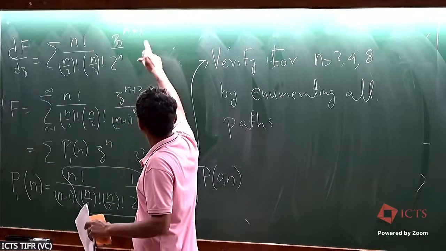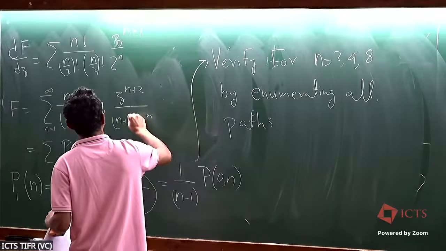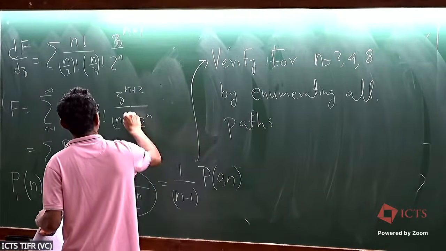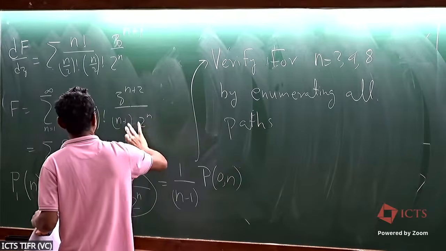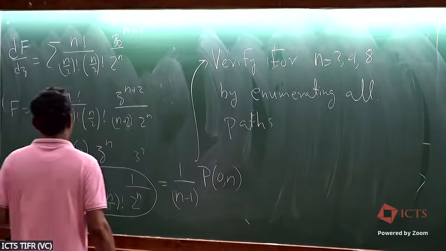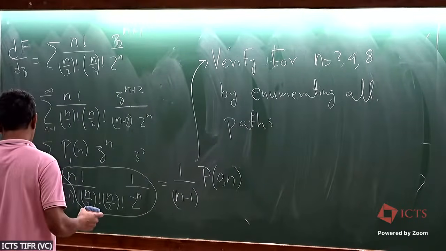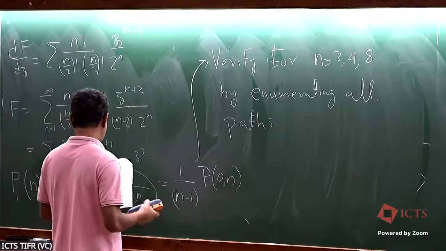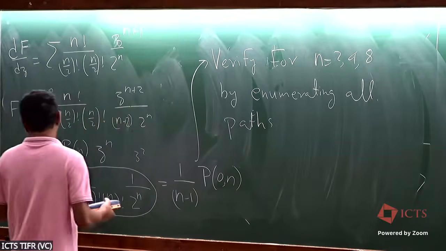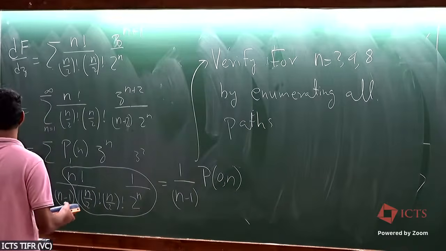Z to the 2n plus 1 becomes Z to the 2n plus 2 divided by, oh, sorry, n plus 2. This is what you are saying. Okay, let me check. N plus 1. Okay, did I make a mistake?